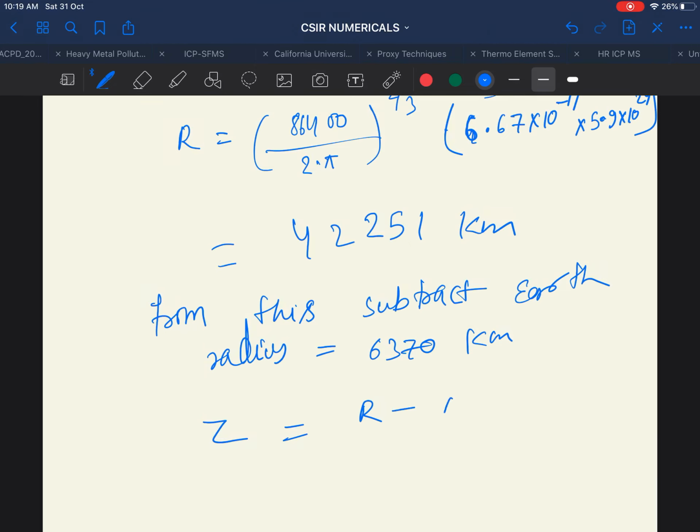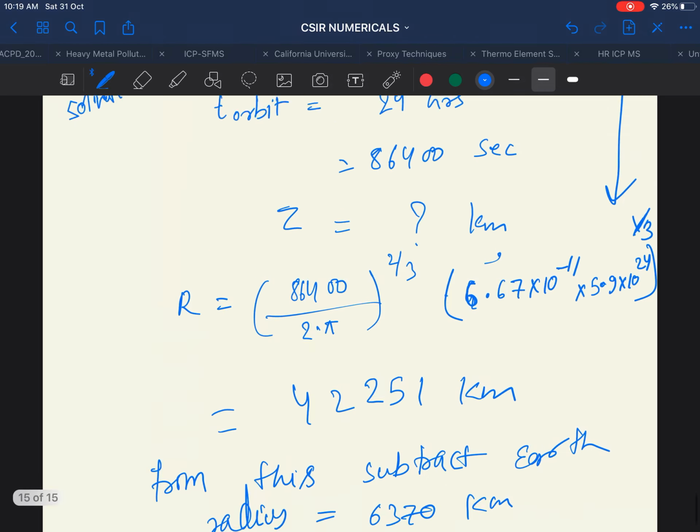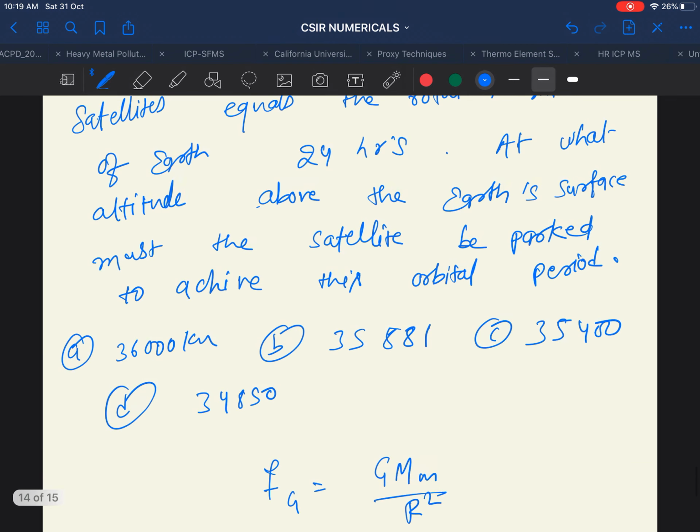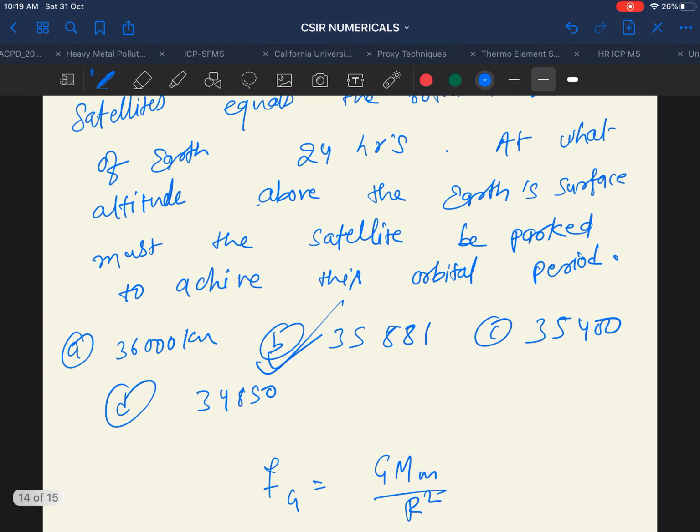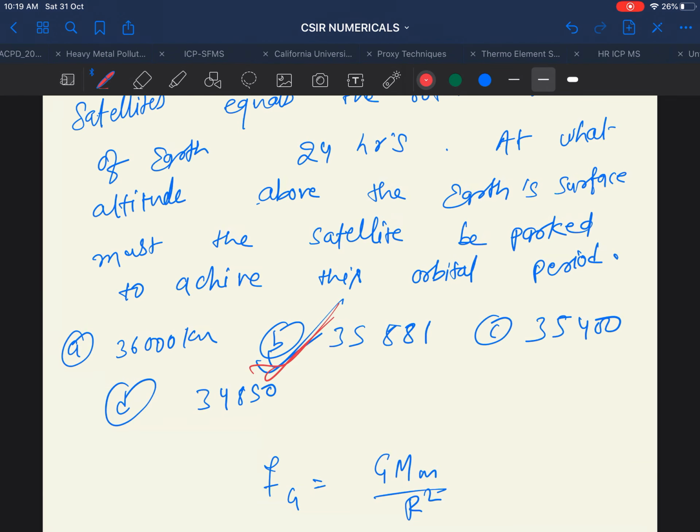Now z equals r minus r naught. So r is 42,251 kilometers and r naught is the radius of the earth, 6370 kilometers. When you subtract, you will get 35,881 kilometers. So option B is the correct answer.